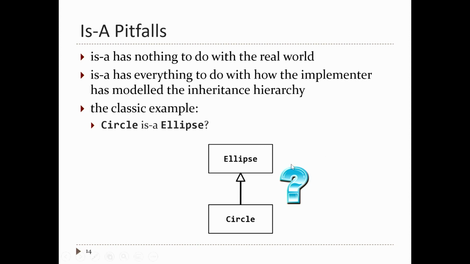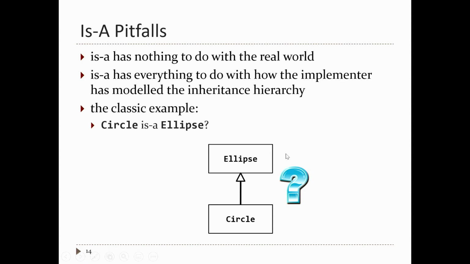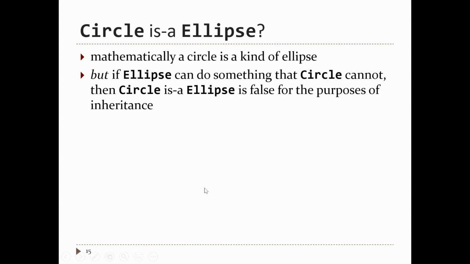And when you do this sort of thing, you're always asking yourself, is this the correct thing to do, keeping in mind that this is programming and not math. Mathematically a circle is a kind of ellipse, so that immediately leads you to thinking this is reasonable.